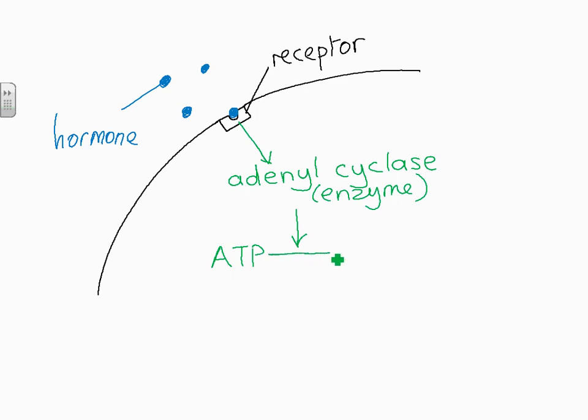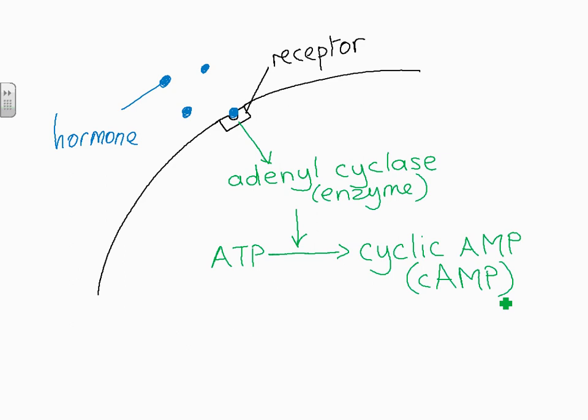It converts it into cyclic, not surprisingly, AMP, which is adenosine monophosphate. So it whips a couple of phosphate groups off, wraps it round into a circle, and this is sometimes abbreviated to just a small c with AMP, like that. And that is our second messenger. Cyclic AMP is the second messenger.